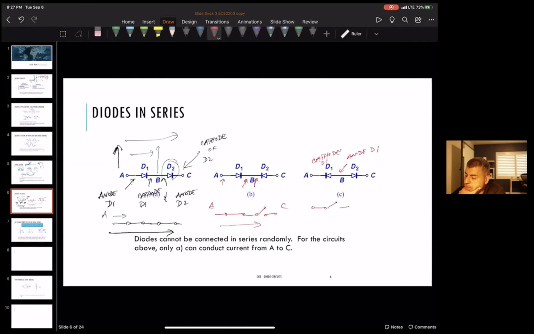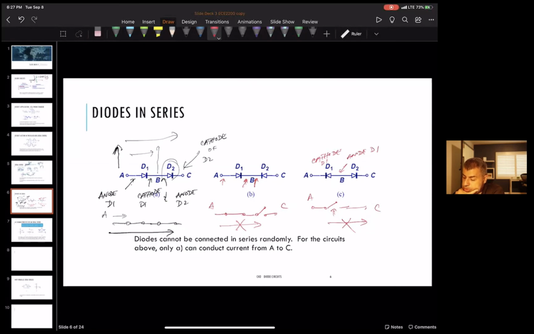So it doesn't really matter what happens to D2 in this case. D1 is already an open switch, so you don't get anything here, and you don't get anything here. Okay, so also putting stuff in series, you have to make sure the diodes are facing each other when you put them in series.